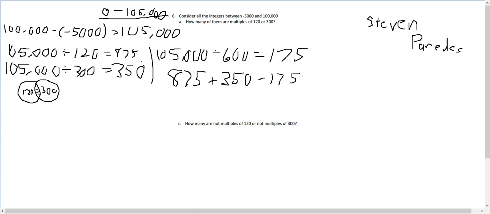So we just subtract it out once and it fixes it up so that we don't have any overlap. So this equals 1050. So that is the amount of integers that are multiples of 120 or 300.